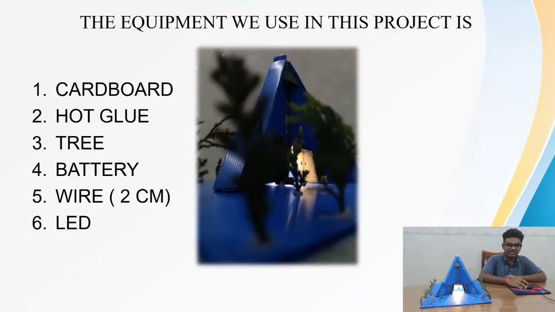Let's see the equipment we used in this project: cardboard, hot glue gun, hot glue, trees or plants. They are real trees, real plants, not plastic, and wire, battery, LED bulbs. So we can say about 95% of the things we used are recycled.